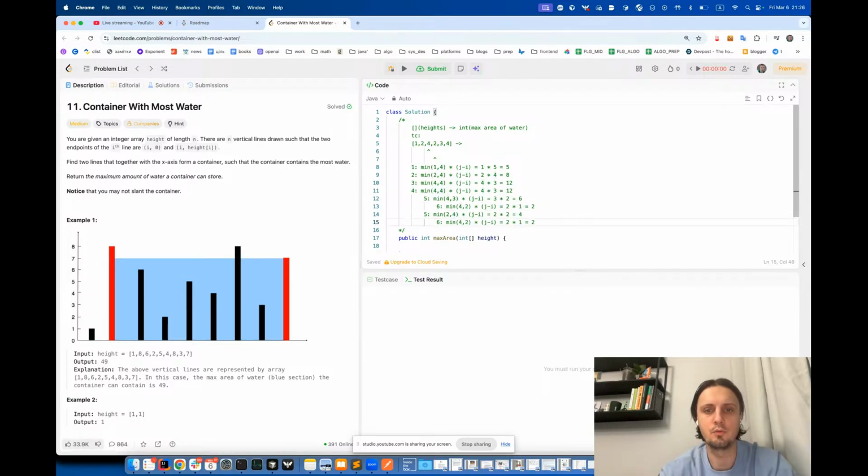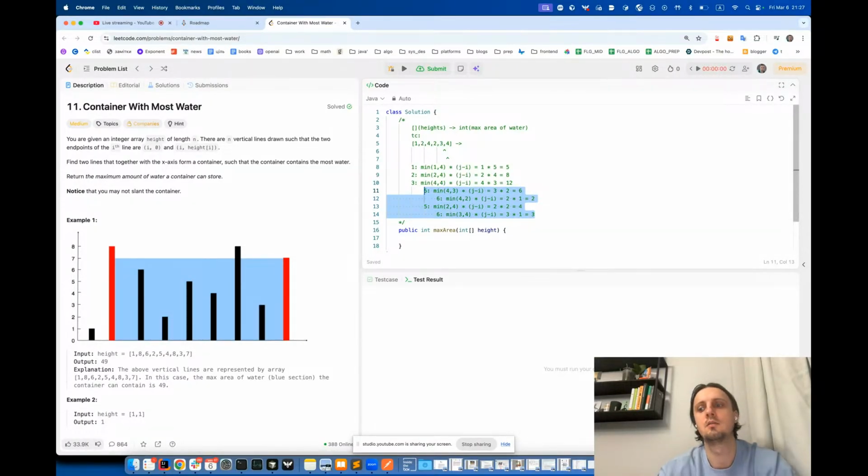And here, if we move, it would be 3 and 4, and the minimum is 3. So it would be 3. So we see these use cases.